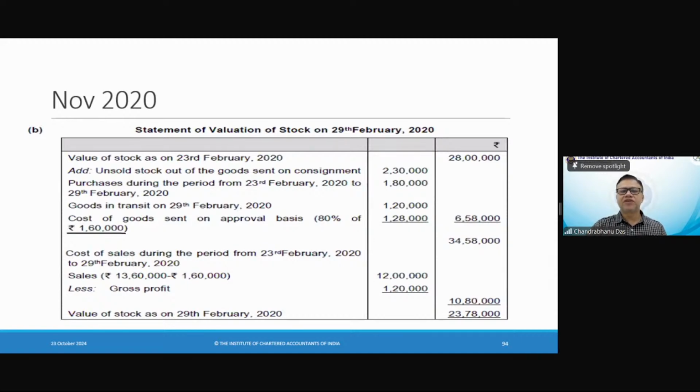Then, with all this information with me, I am now preparing the value of stock as on 29th February, because I have the value of stock on 23rd February. I add the unsold stock out of goods sent on consignment, 2,30,000, which is given. Purchases in this period is 3,20,000 minus 1,20,000, you get 1,80,000.